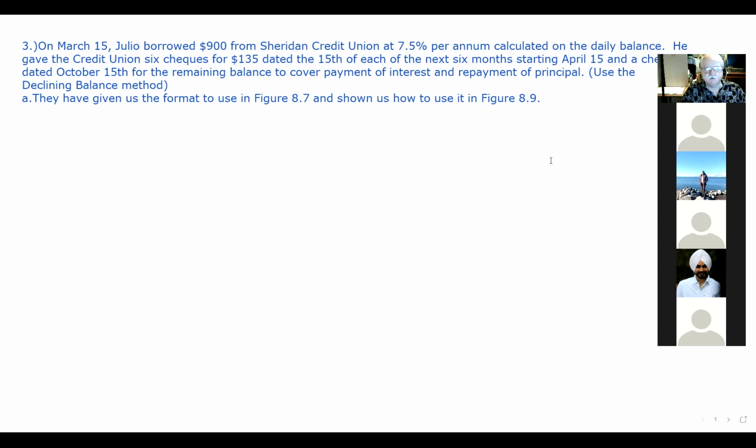He gave the credit union 6 checks of $135, dated the 15th of each of the next 6 months, starting April 15th, and a check dated October 15th for the remaining balance to cover payment of interest and repayment of principal. They want us to use the declining balance method, and they've given us the format to use in figure 8.7 and shown us how to use it in figure 8.9.